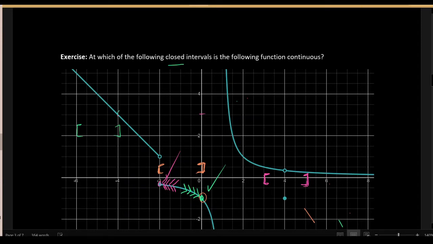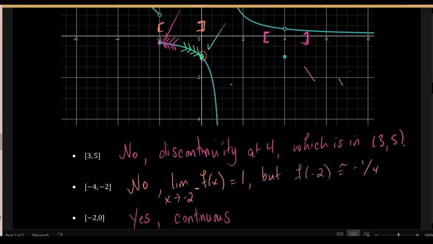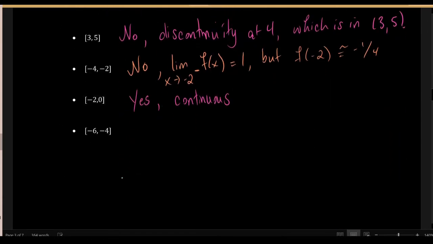If I creep up on the right endpoint at -4, if I approach that location from the inside of the interval, then those chevrons are not pointing to a hole, they're pointing to a valid location on the graph, so limit and value match. And if I approach the left endpoint from inside the interval, then those values also match. So this function is continuous on the closed interval -6 to -4 as well.